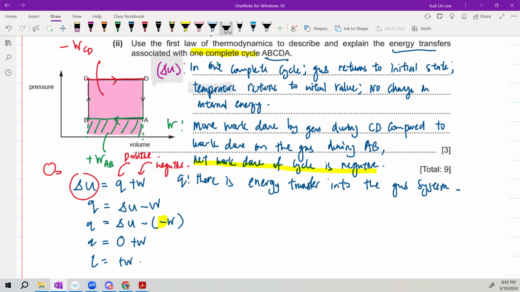Look at the graph and look at the situation and think about W. W is always linked to change in volume and area of your PV graph. So in this case, you will need to refer to the PV graph. Okay, then from there, you can just put everything together and try to solve the problem.